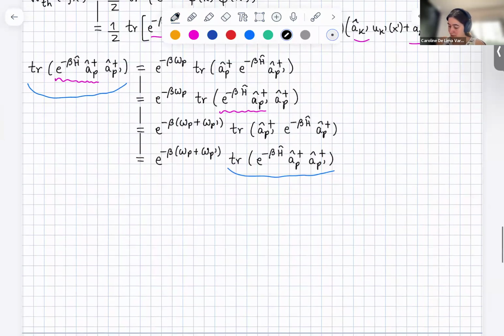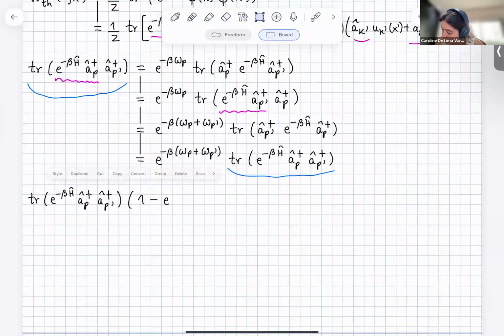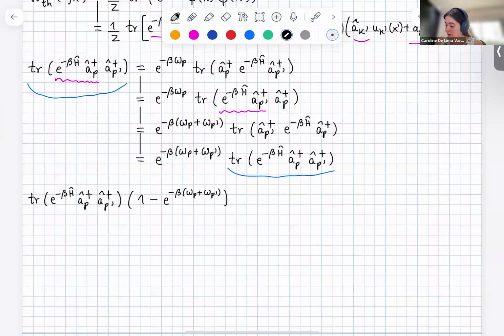So we can rewrite this as the trace of e to the minus beta H times a_p dagger times a_p' dagger times 1 minus e to the minus beta times omega_p plus omega_p'. And that is going to vanish, and that vanishes for general p and p'.